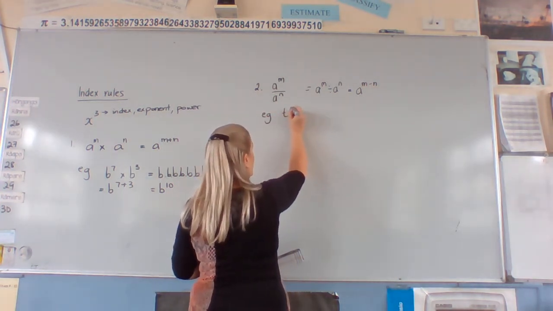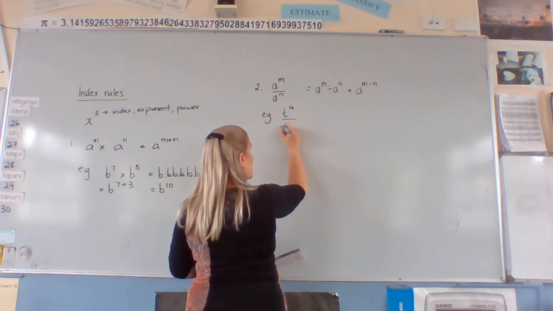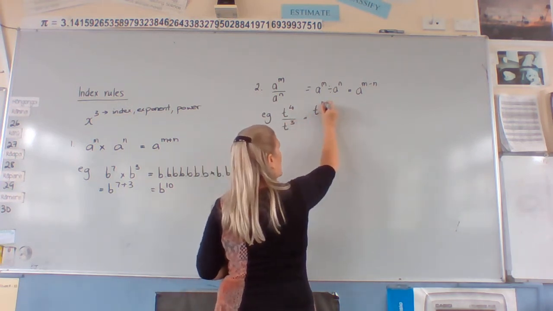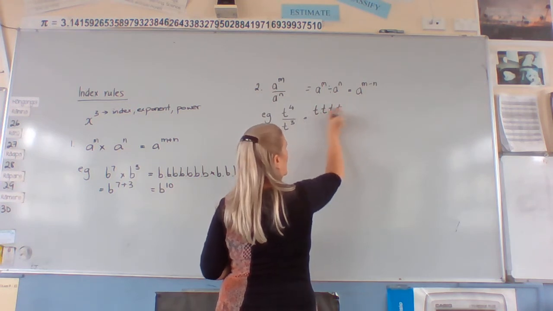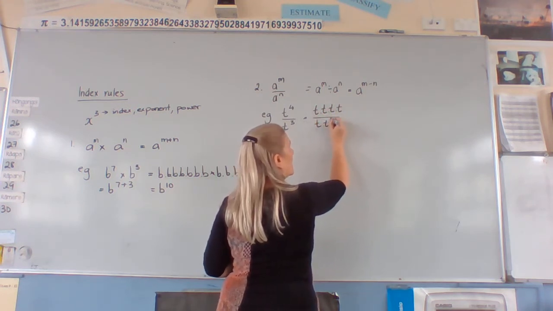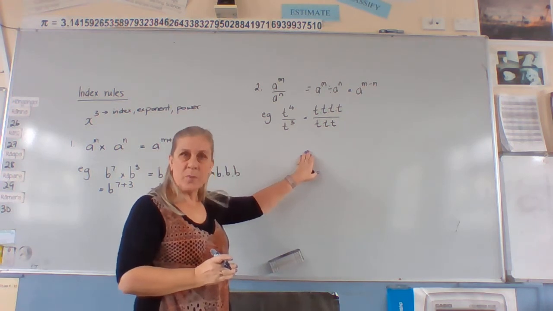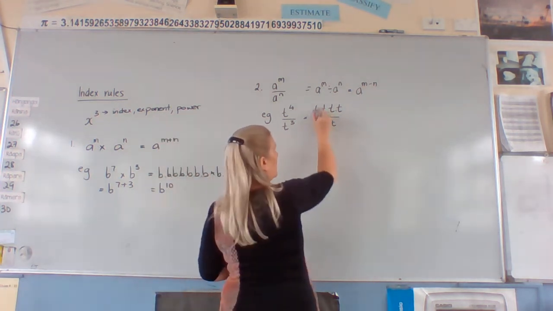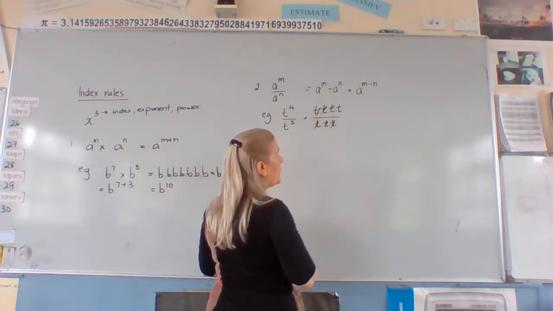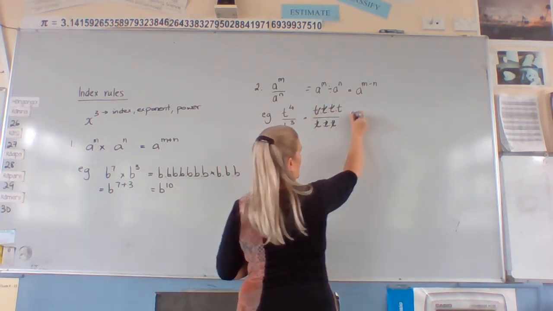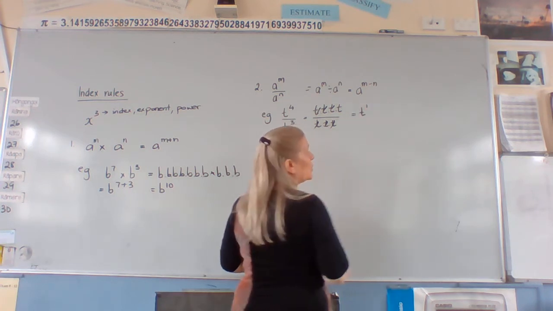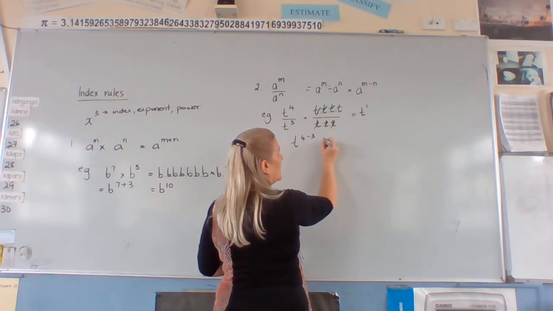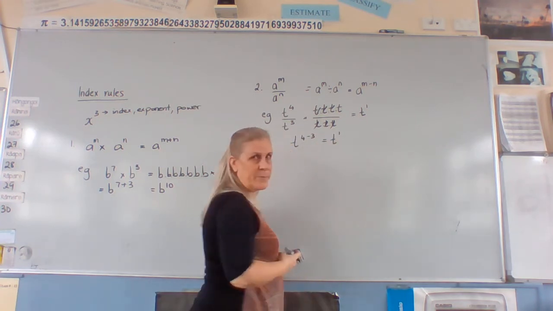If I've got t to the 4 over t to the 3, that's the same as having 4 t's multiplied on the top and 3 t's multiplied on the bottom. So I can cancel these, 1 for 1. What happens? I get left with 1 t on the top. So 4 minus 3 equals t to the power of 1.